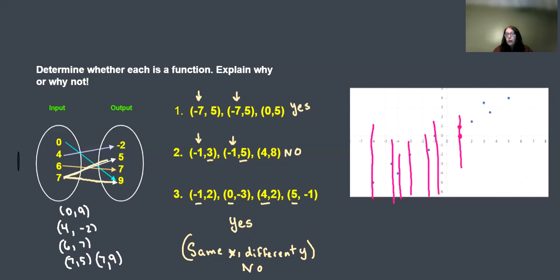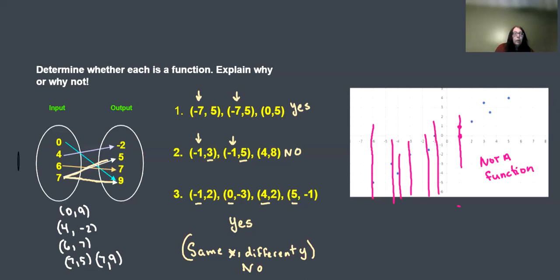Therefore, this is not a function. To be a function, every time you draw a vertical line, it can only cross one time. So that is not a function. And that's your goal. Your goal is to try to make that vertical line cross more than once. If you make it happen even one time in your drawing, it's not a function.